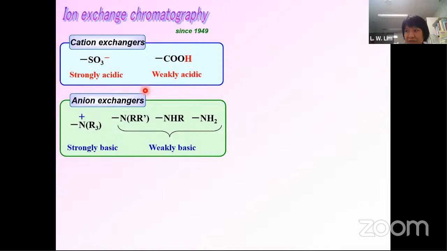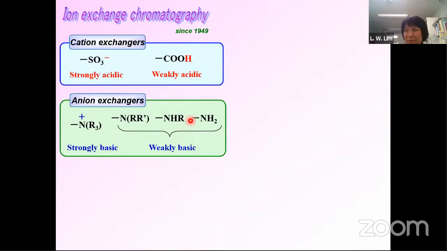And for anions, most of the time it is amine based. The strong anion exchanger is quaternary amines, and the weak one is primary, secondary, or tertiary. They are relatively weakly basic for the anion exchangers.